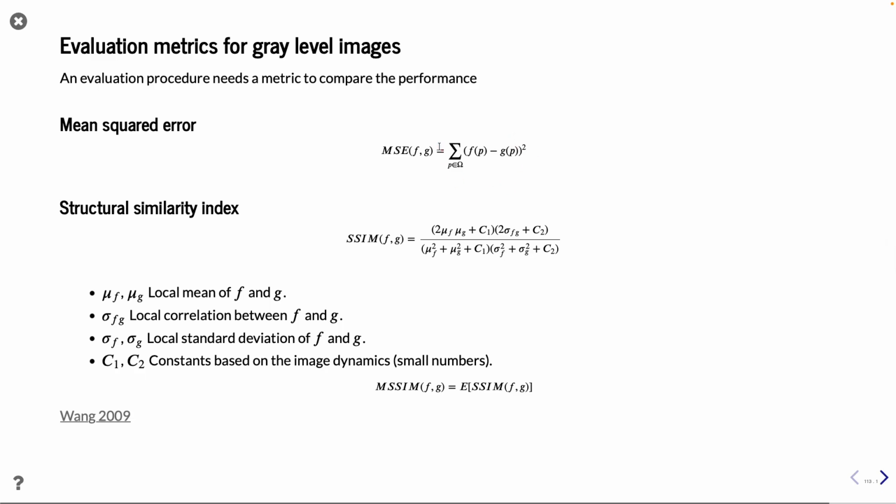Not always a good one, but it's a first go-to because it's easy to compute. Then we have the structural similarity index, which includes local averages, local correlations, standard deviations, and some stability parameters. And then you can compute that as a number that tells how good images are. But in principle, what you need is always a ground truth and a processed image in these cases.